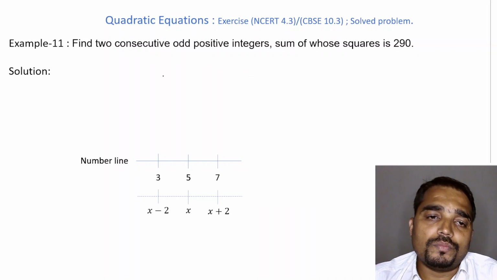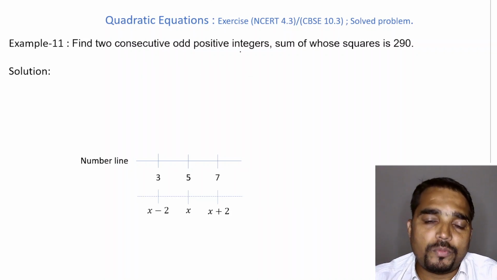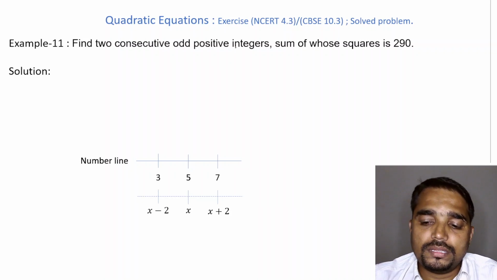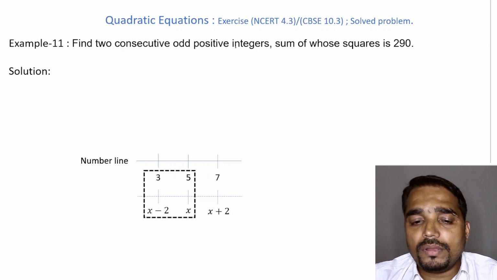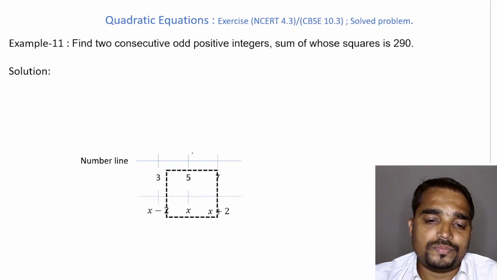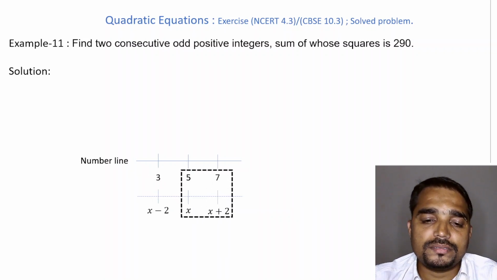Because we have to assume two consecutive odd positive integers, we will have to take a pair of two numbers. So those two numbers would be assumed as x minus 2 and x, or x and x plus 2. These two would be one of the pairs.